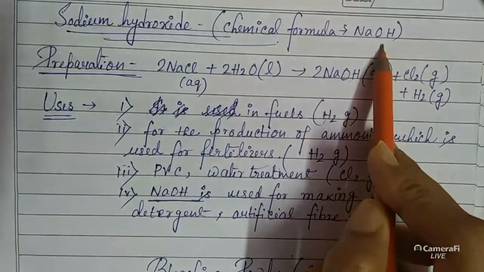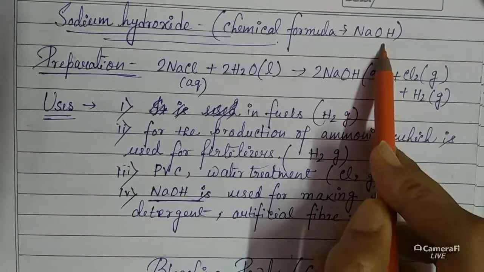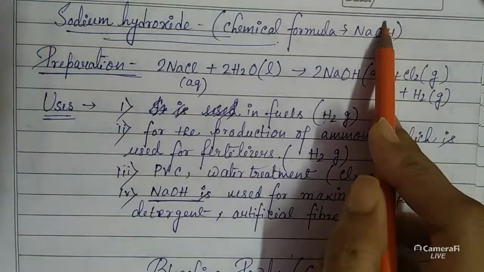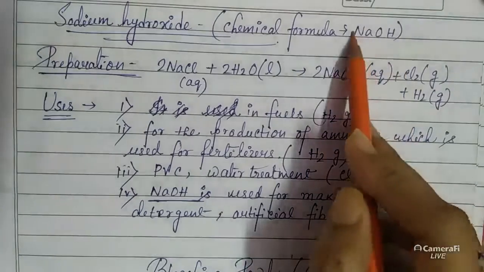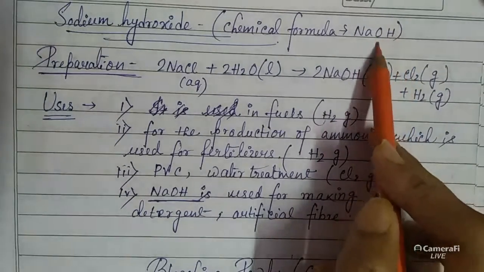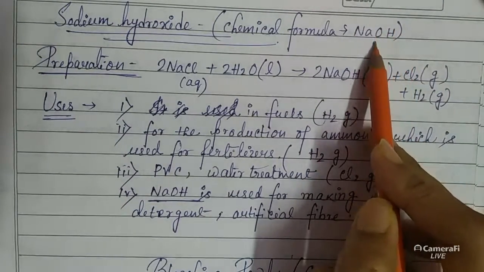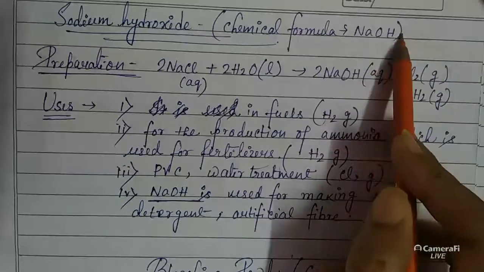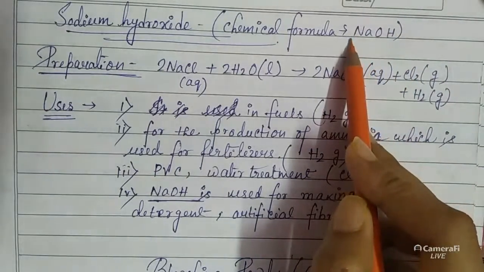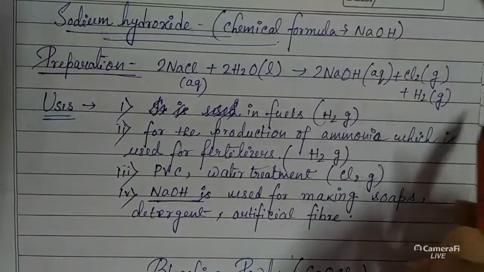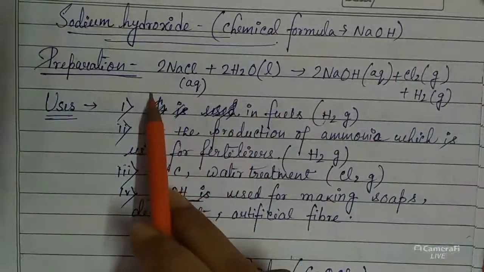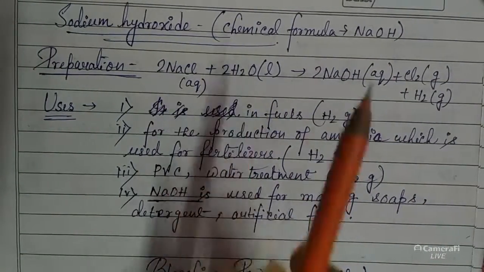When it is dissolved in water, the aqueous solution of NaOH is produced and OH minus ions are released from the sodium hydroxide aqueous solution. Now we are coming to the preparation of sodium hydroxide.